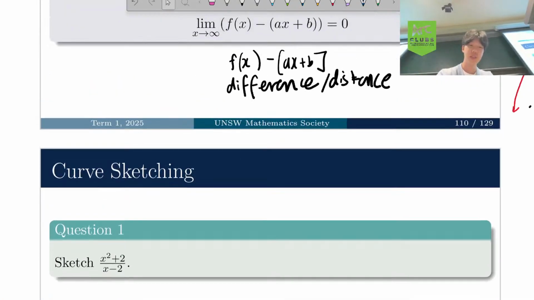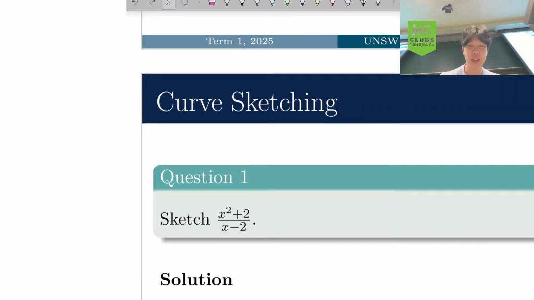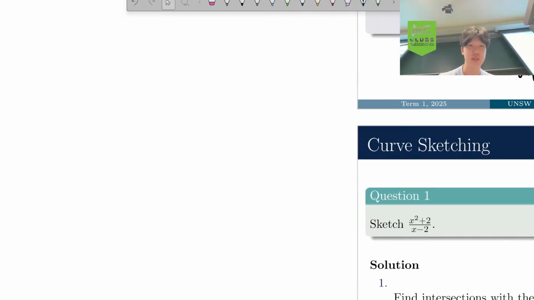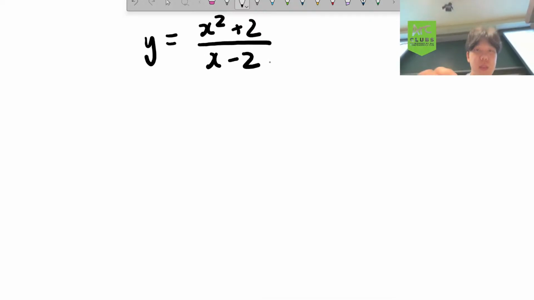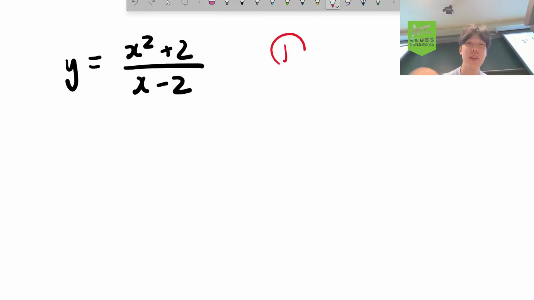So how can we use this? Well, we can use it if we want to sketch some interesting looking graphs like (x squared plus 2) over (x minus 2). If I want to sketch this, there's a few easy, self-explanatory steps we can take. One really easy step is to find the intercepts.